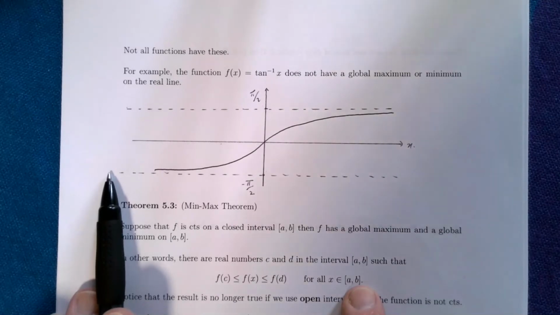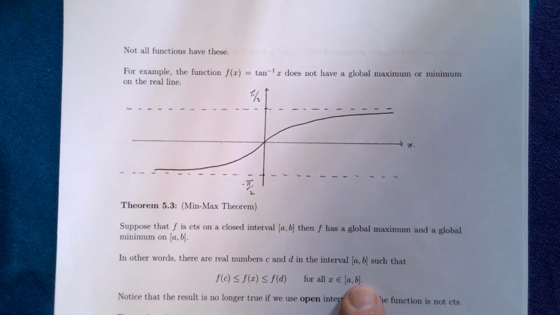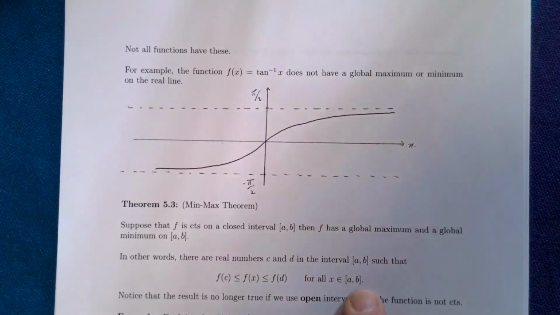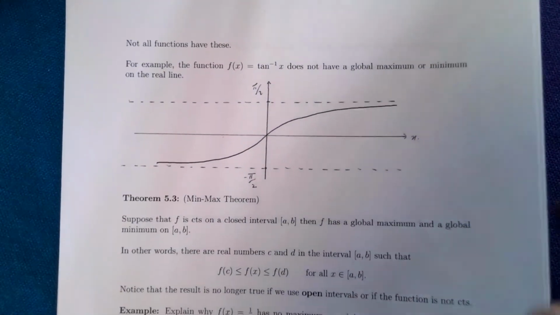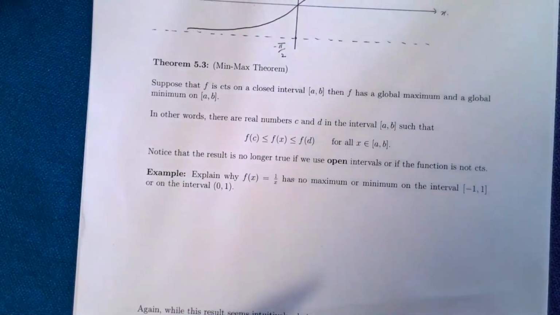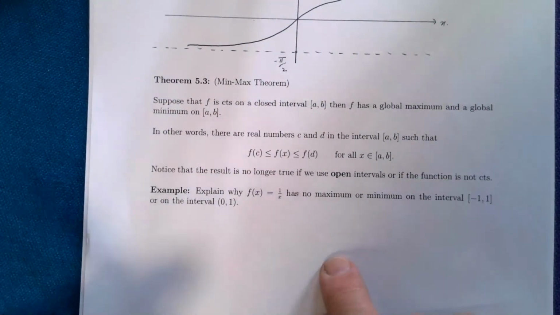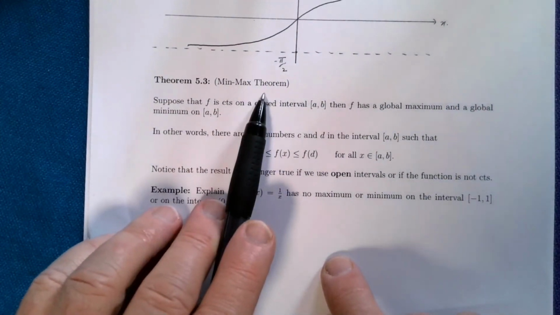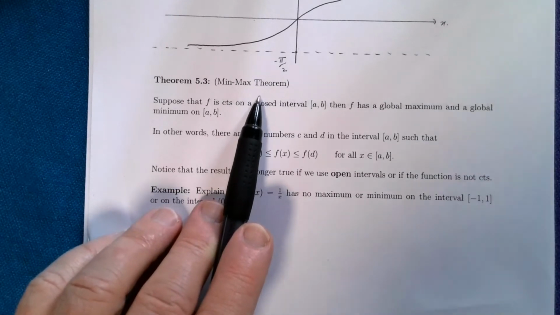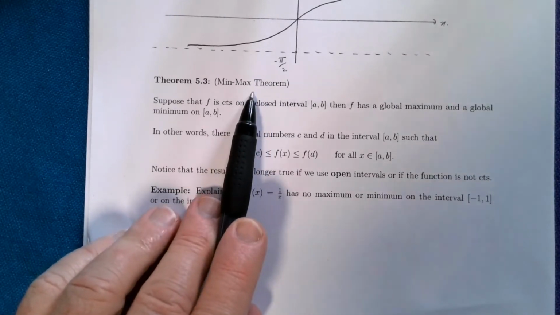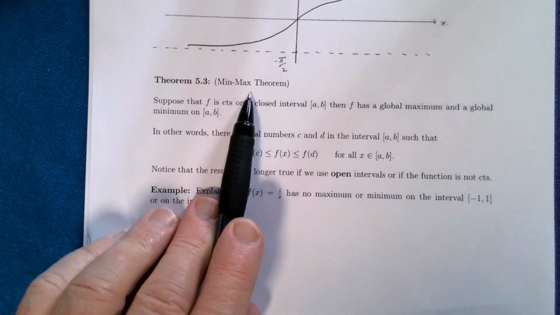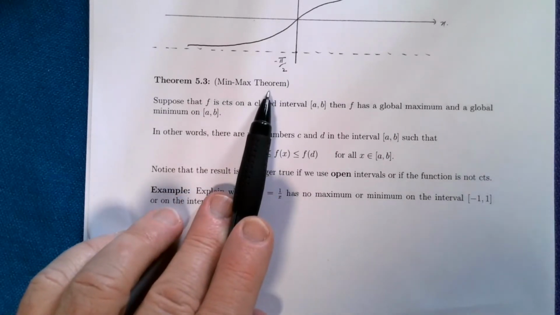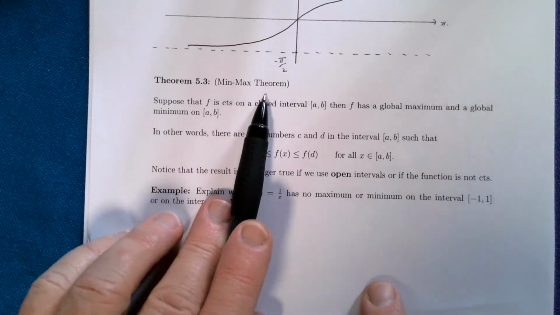And so we'd like a little theorem that tells us exactly when these things are going to happen. When are you going to have a global max and a global min? And we have here this very important theorem called the min-max theorem. So the two important theorems thus far are the intermediate value theorem, which we've done, and this second theorem, the min-max theorem, which is another very important theorem.